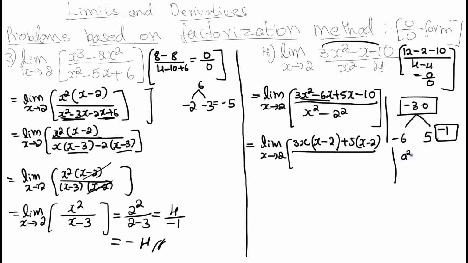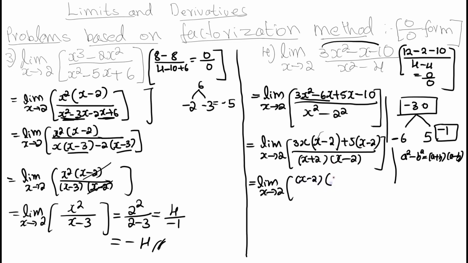Again recall that formula, a square minus b square is nothing but a plus b into a minus b, so that x square minus 2 square can be written as x plus 2 into x minus 2. In the next step, limit x tending to 2. Here x minus 2 and here also x minus 2 is there, so that I can keep x minus 2 outside. The remaining sum is 3x plus 5 divided by x plus 2 into x minus 2.